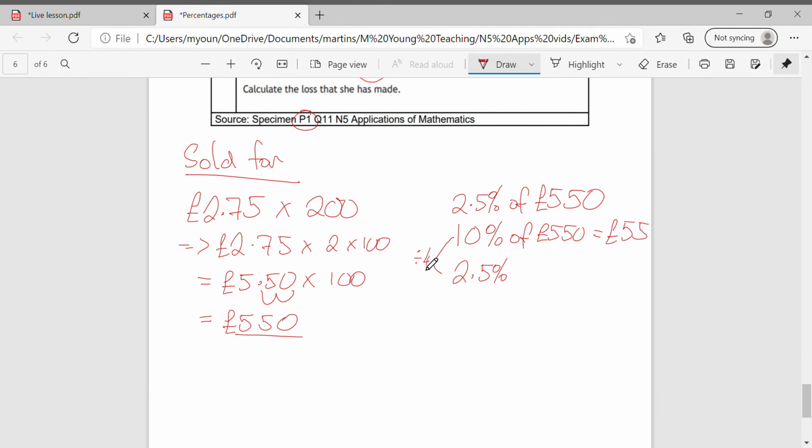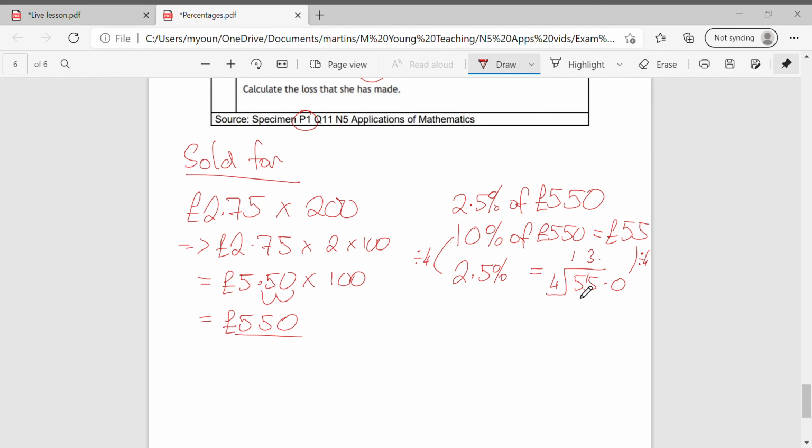What you could also do is find 5%, but then to find 2.5% you would have to half again, so that would be the same as dividing by 4. So I'm going to do 55 divided by 4. Okay, I'm just going to set out a wee sum for that. 55 divided by 4. 1, carry the 1, 3, and there's going to be extra zeros that need added in.